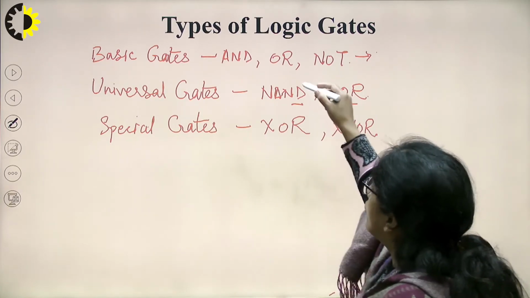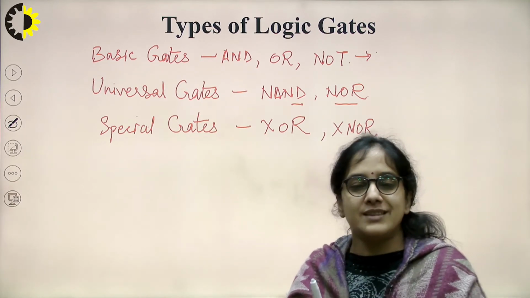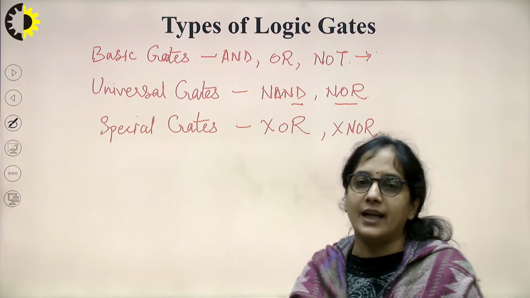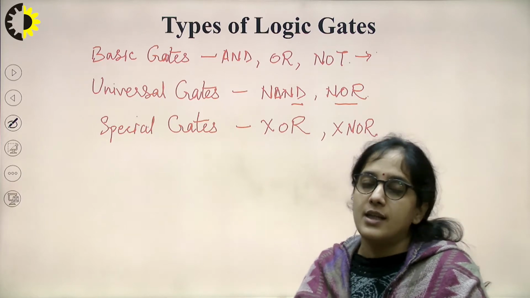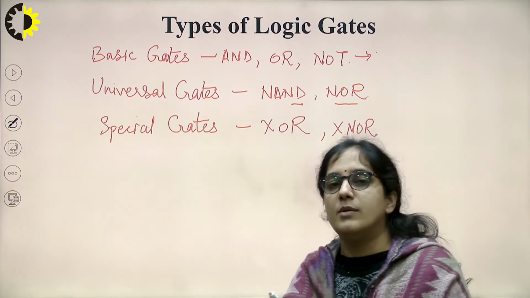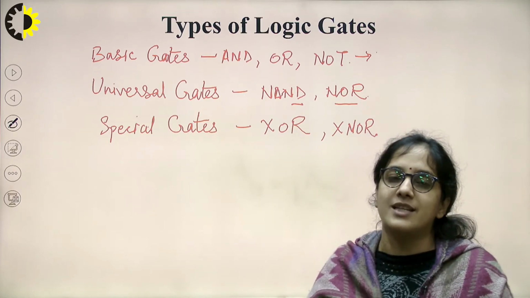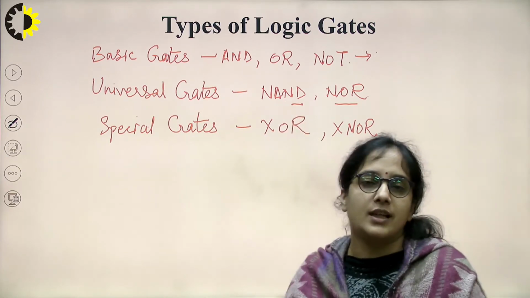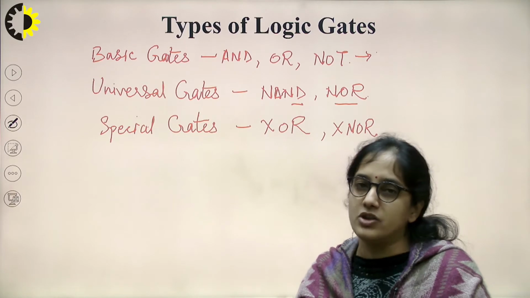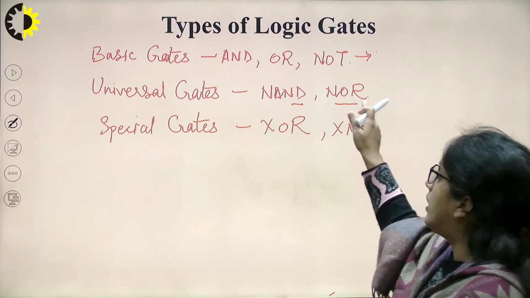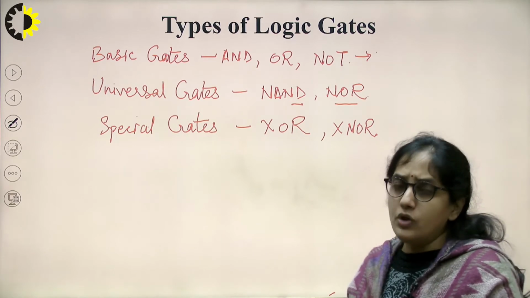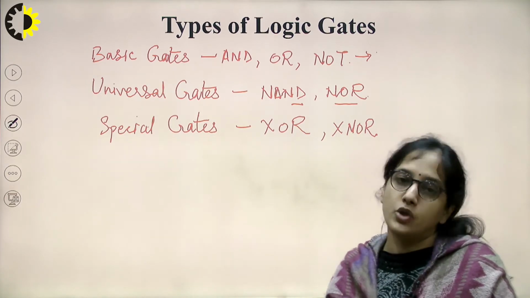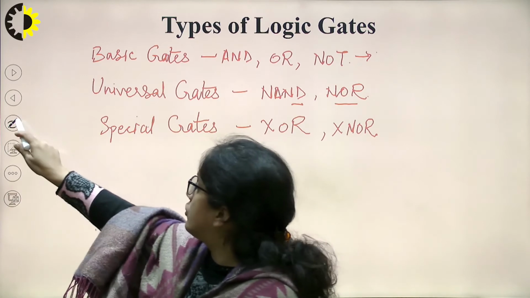That is why they are known as universal gates: using a combination of NAND gates only, if you have n number of NAND gates, you can implement the AND operation, the OR operation, the NOT operation, as well as XOR, XNOR, NOR, any of the operations. That is why the NAND gate is known as a universal gate, because we can implement any circuit, any function using it. Similarly for the NOR gate. That is why these two gates, NAND and NOR, are known as universal gates. Now, I will show the symbols.